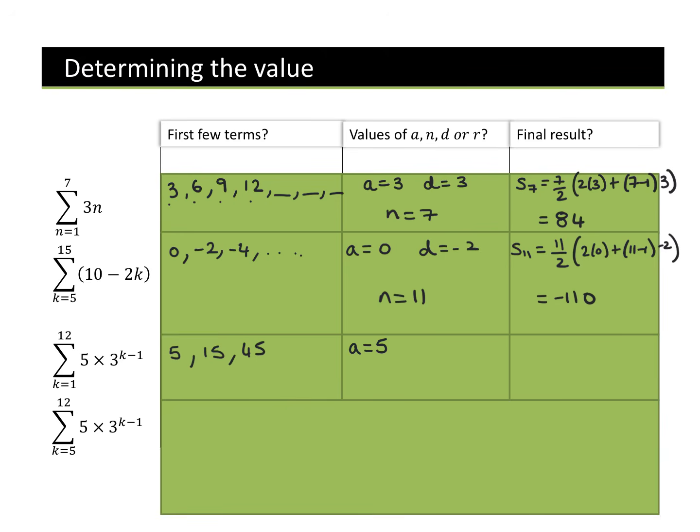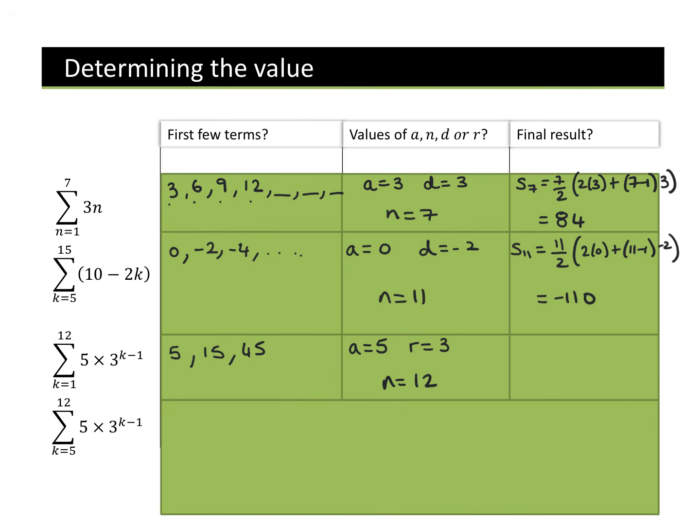Do we have a difference? No, because this is geometric. The ratio is 3. We're multiplying by 3 each time. Now, what else do we know? Our n. How many numbers are there, including 1 and 12, between 1 and 12? 12? Absolutely.